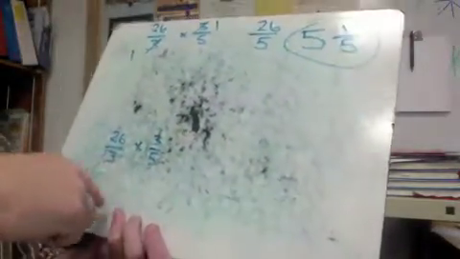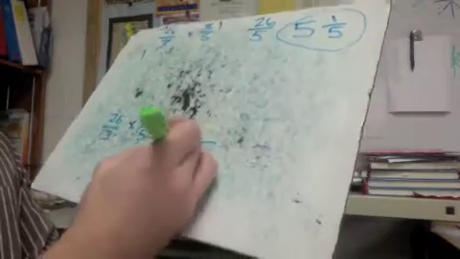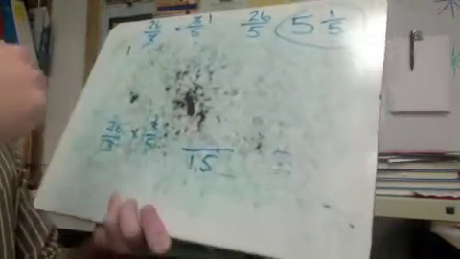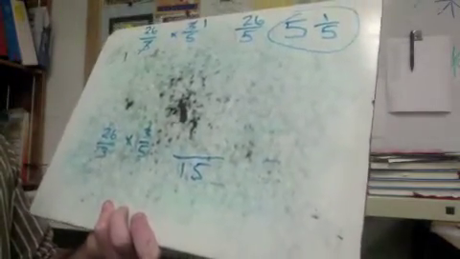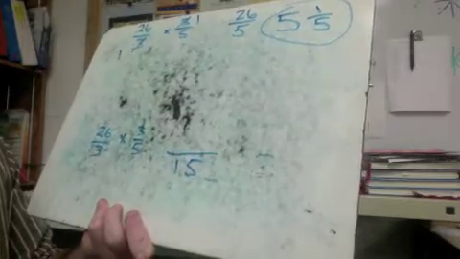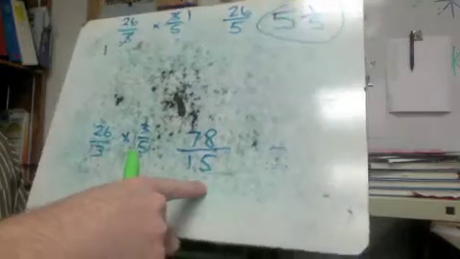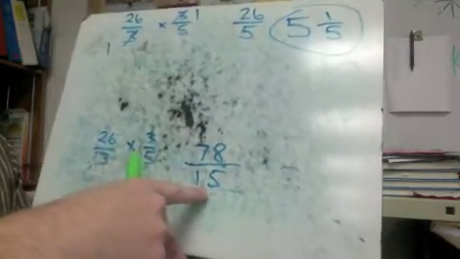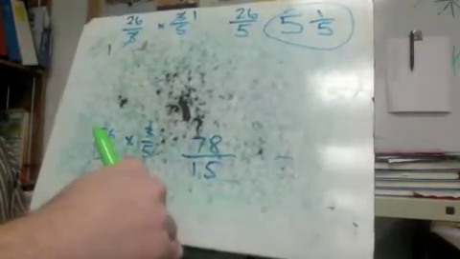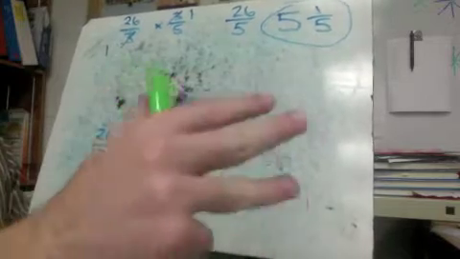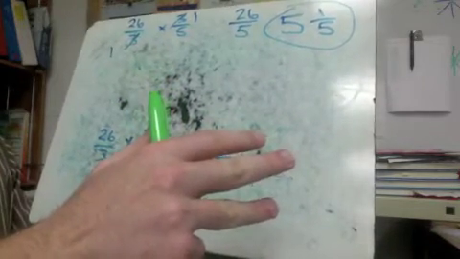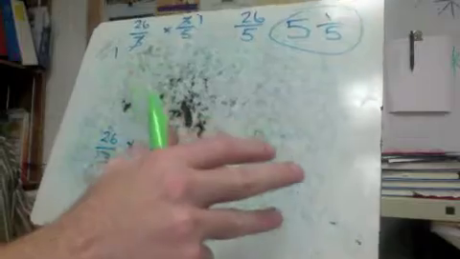Down here, if you did it straight up, I know the bottom's going to be 15. 26 times 3. 20 times 3 is 60, and 18. That'd be 78. Okay. So now we got to figure out how many 15s, and I'm just going to go like by a clock here. Let's see, 15, 30, 45, 60, and then after that would be 75.